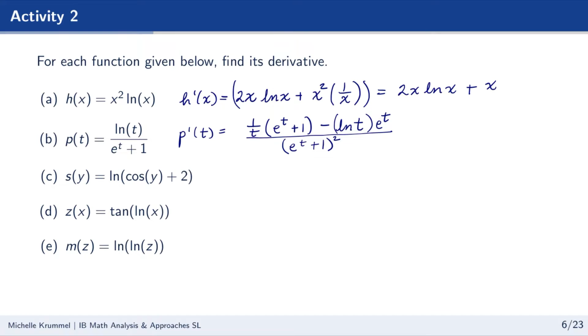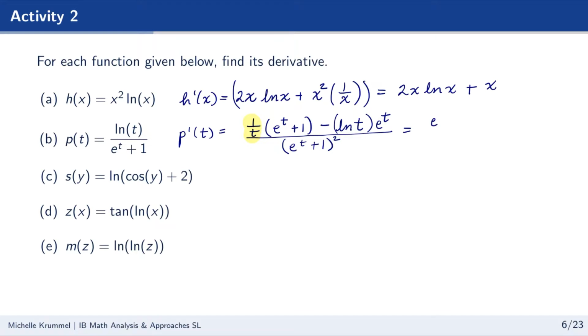And we could simplify that. I'm not going to worry too much about simplifying, but I think we should probably not have this fraction inside of a fraction. So we can multiply the numerator and denominator by t to clear that fraction there. If I multiply the numerator by t, I'm going to have to distribute the t to both terms.